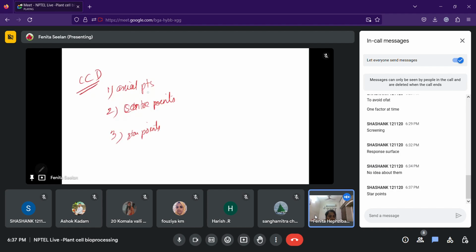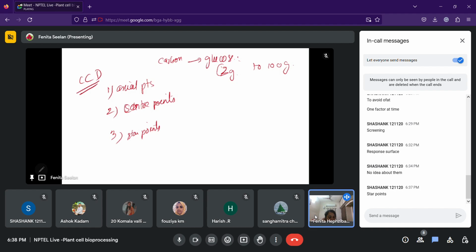So, what do I mean by points? The range which I'm going to take. Say for example, my objective of my study now is to optimize my carbon source, out of which I have taken glucose. This glucose has a range, lower range is 2 grams and up to 100 grams.